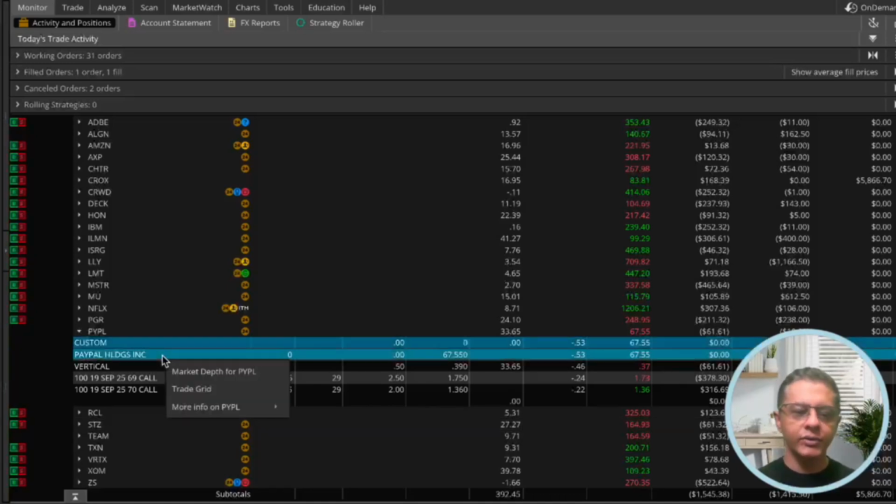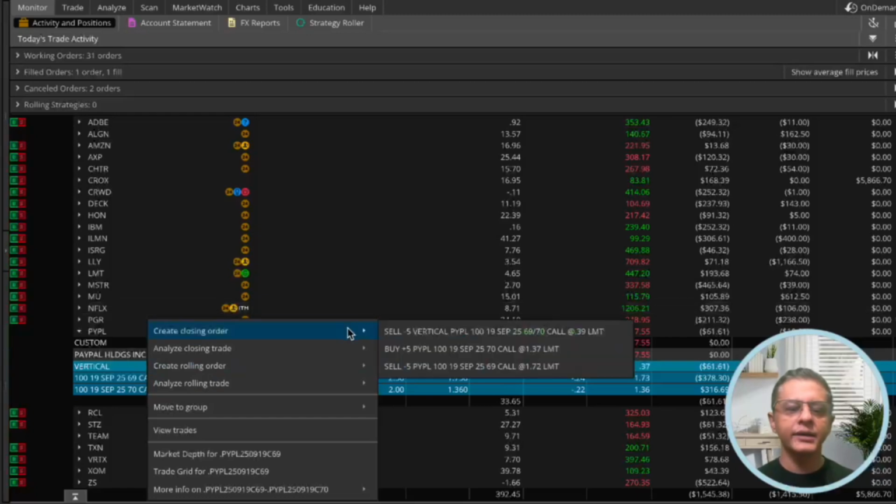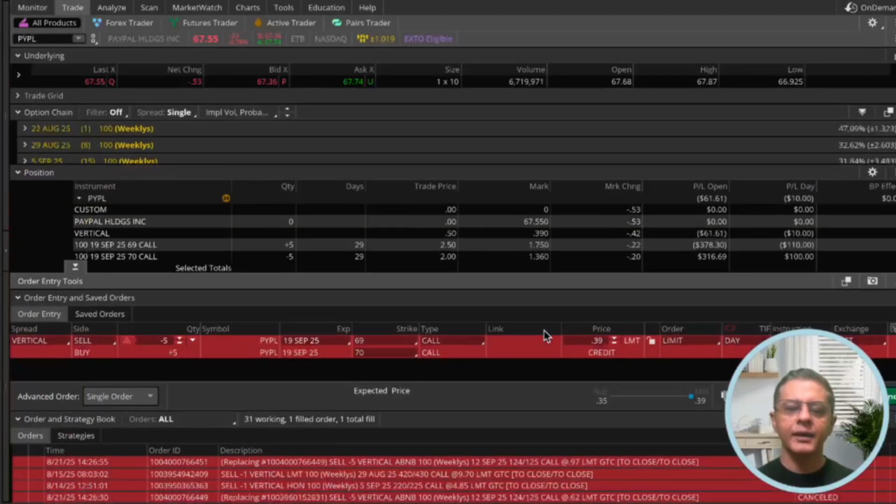In Thinkorswim, you would just right click, say create closing order, sell, and notice that it automatically populates the limit price for you. So what I do is I just pick that price that it's showing me and I confirm and send the order. So most platforms should ideally automatically calculate the current limit price, and all you need to do is just honor that and send the order.